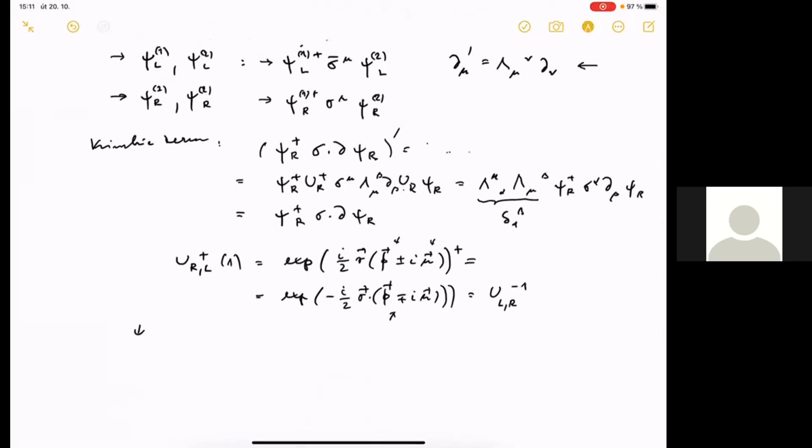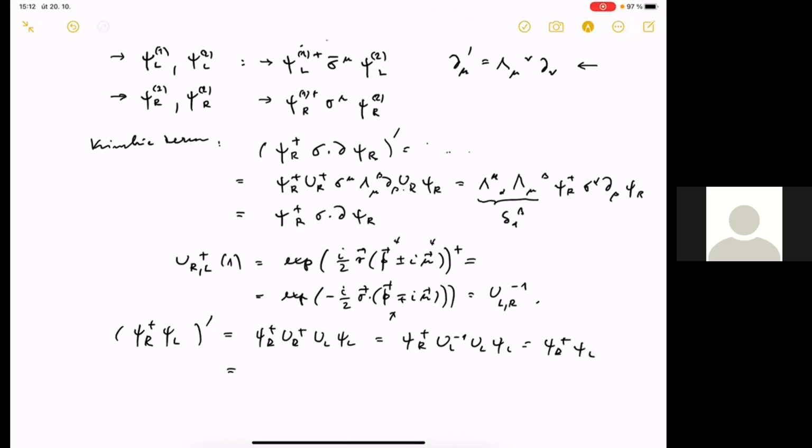For instance, taking a right spinor, Hermitian conjugated, and combining it with a left spinor. The transformation of this is just psi_R^dagger U_R^dagger times U_L psi_L, but using this relation we obtain psi_R^dagger U_L inverse U_L psi_L, which is nothing else but psi_R^dagger psi_L.